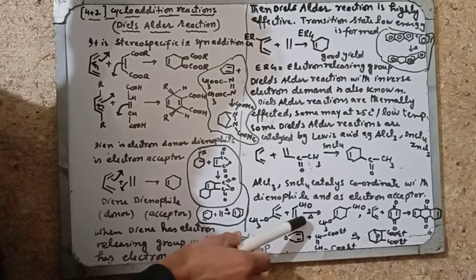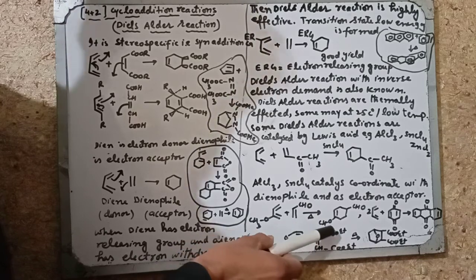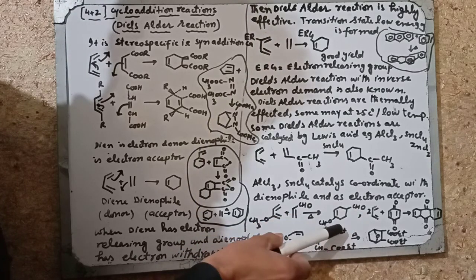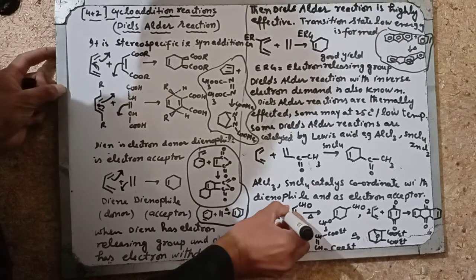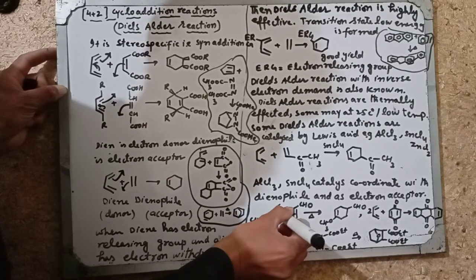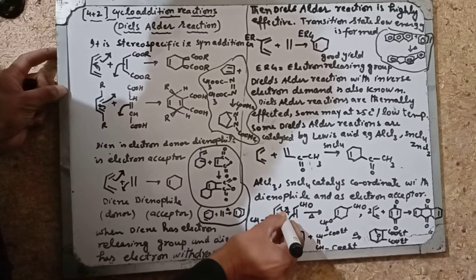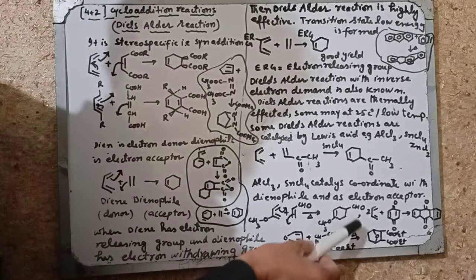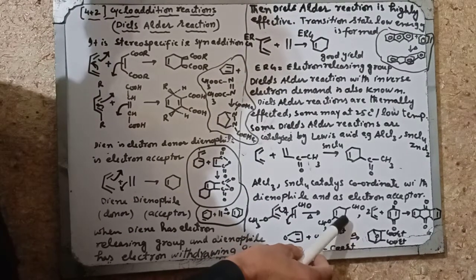This is the CHO. Then when it is heated, this bond will shift here and this will shift here, and this double bond will shift between these two carbons. So a substituted cyclohexadiene is formed.